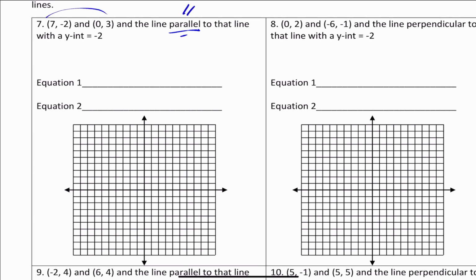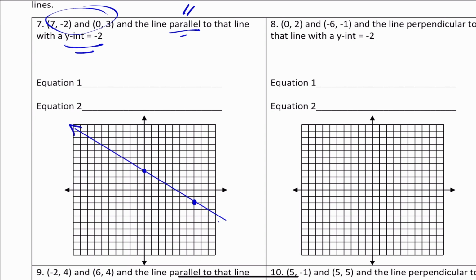So this here is basically line 1, and this here is basically line 2. So I'm gonna go ahead and graph 7, -2, which is, let's see, 3, 4, 5, 6, 7, -2, and then 0, 3. Nope, that's not 0, 3, that's -3. There we go. And I'm gonna go ahead and start graphing those lines, or draw a line through it.